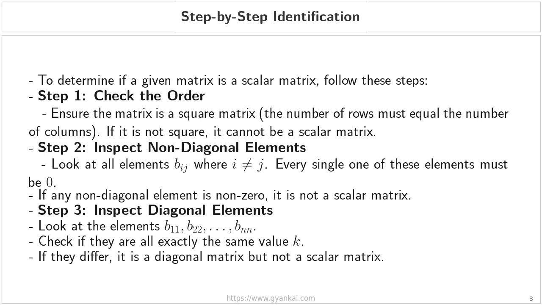You must check if all of these entries are exactly the same constant value, which we refer to as k. If these diagonal elements differ from one another, the matrix remains a diagonal matrix, but it does not qualify as a scalar matrix. In the next slide, we will apply these 3 steps to a concrete example to see this verification process in action.